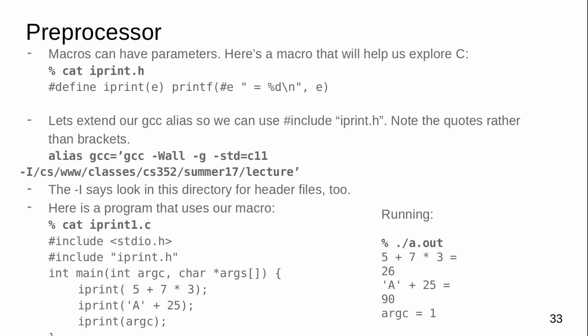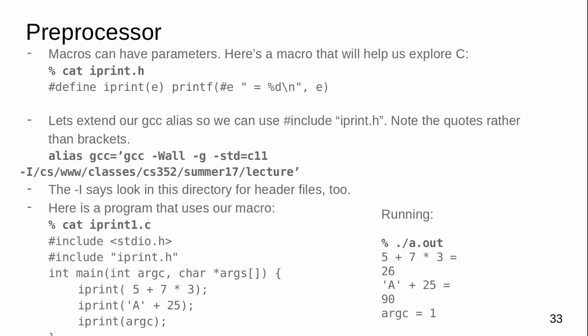Great. Just back on the last slide real quick. I have this file up in that lecture folder I was talking about, which is at this path right here. And notice how I include that file with quotes around iprint.h in the program.